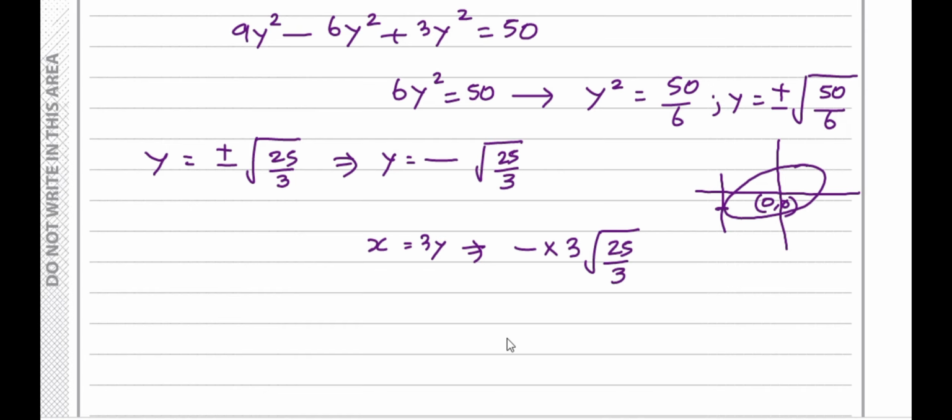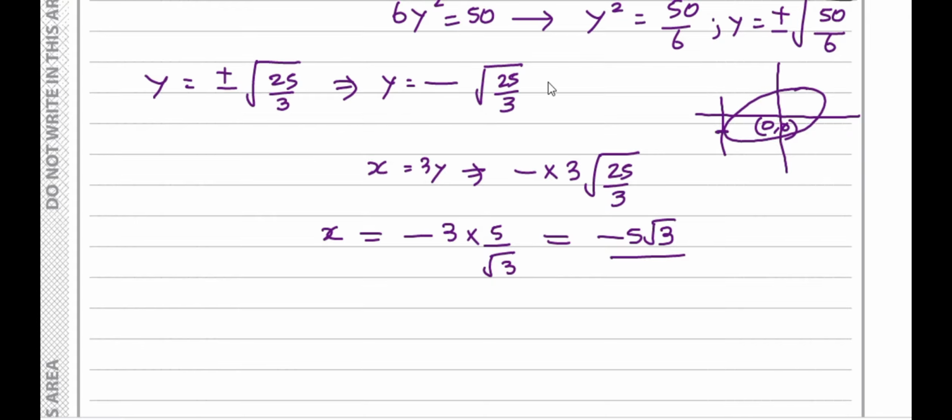So x is equal to minus 3 times 5 over square root of 3, which can be simplified as minus 5 root 3. You see the root 3 goes into 3 root 3 times. So we can say minus 5 root 3 here.